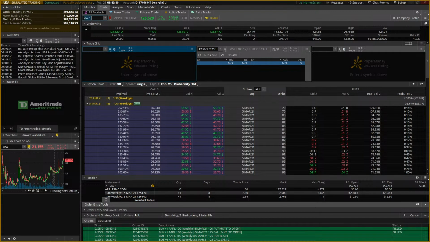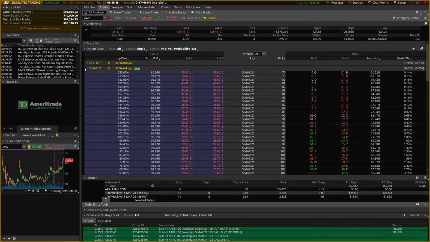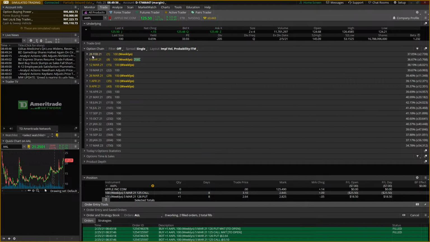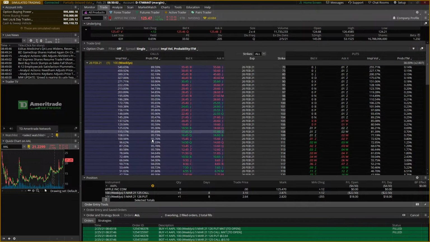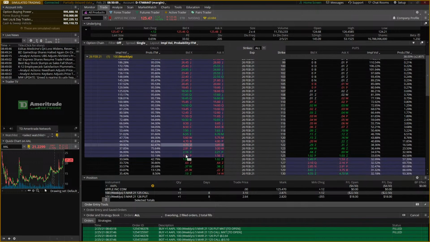I already got the options chain up, but really you just type in Apple, hit enter, and let me get this out of the way. Okay, and then all of the options come in. The option chain, the different expiration dates. Here's all the expiration dates. And so, I wouldn't want to do this one because this ends tomorrow. I mean, you could if you wanted to, but it wouldn't be smart.